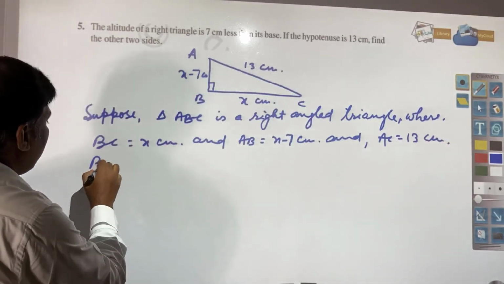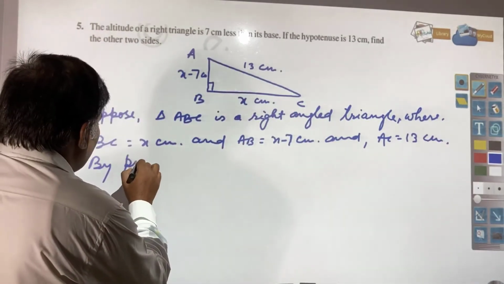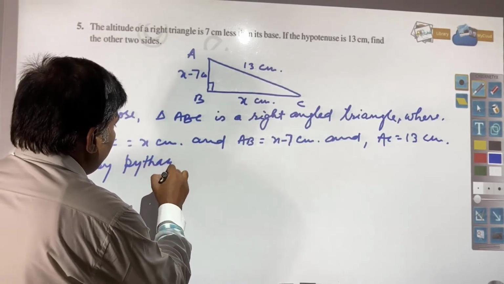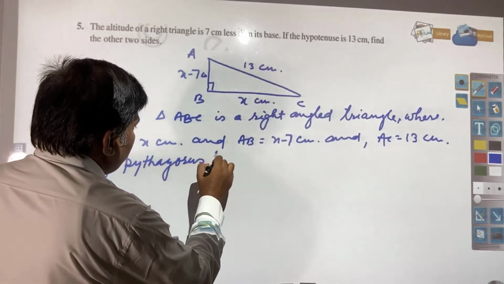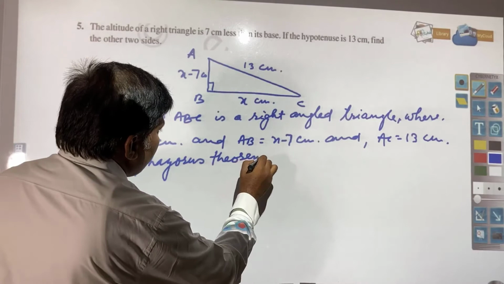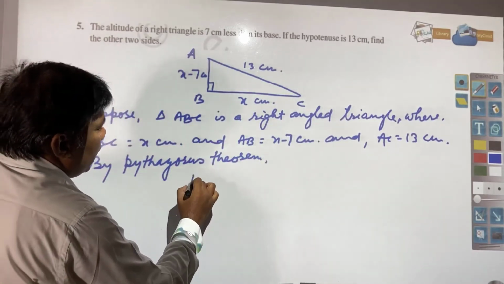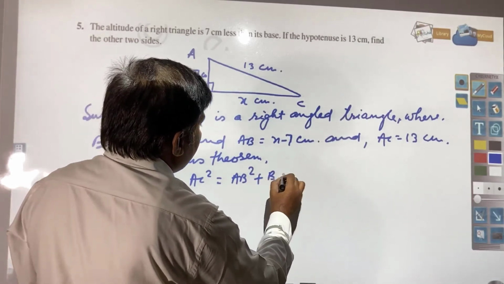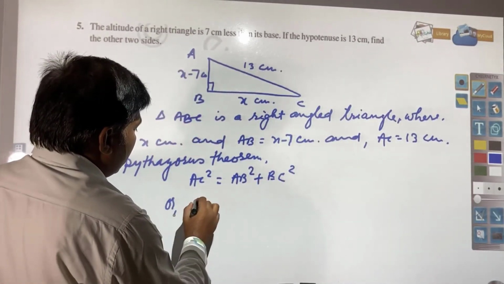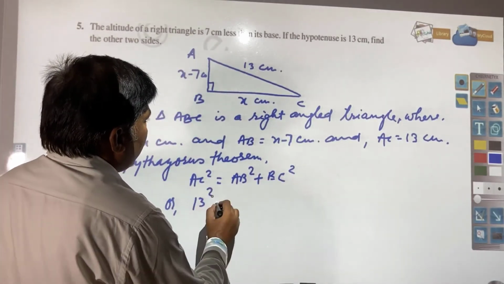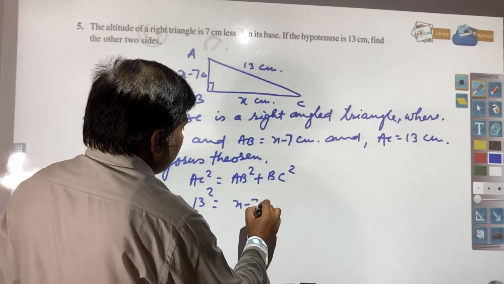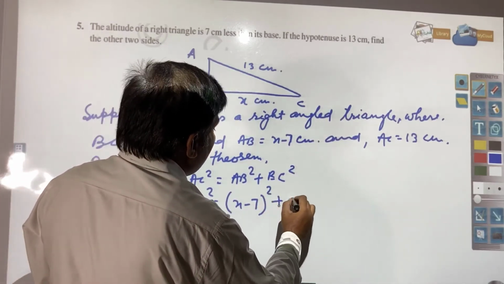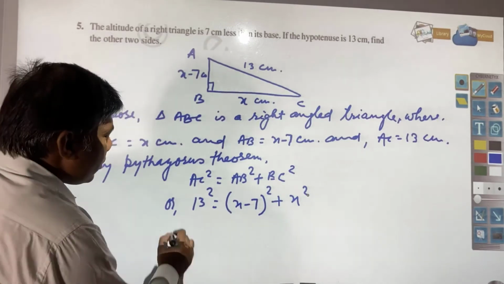So by Pythagoras theorem, what we know, AC square is equal to AB square plus BC square, or it can be written as 13 square is equal to (x minus 7) square plus x square.